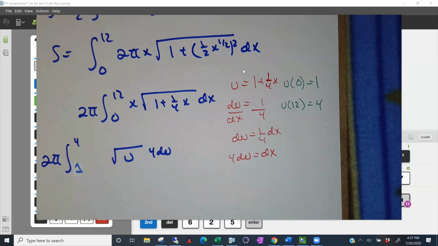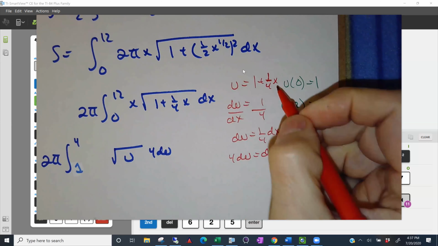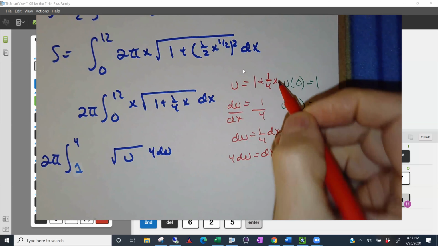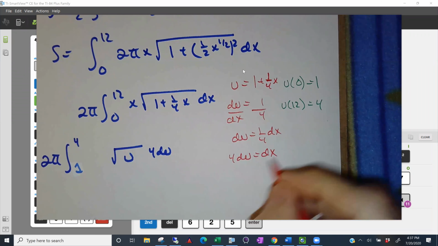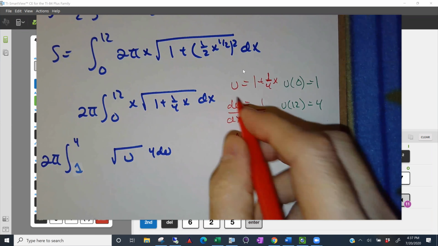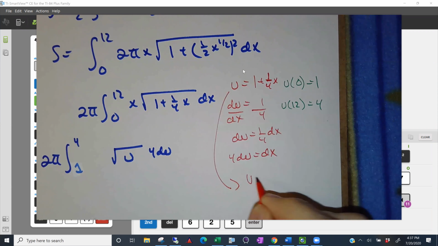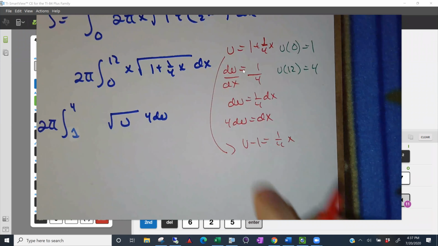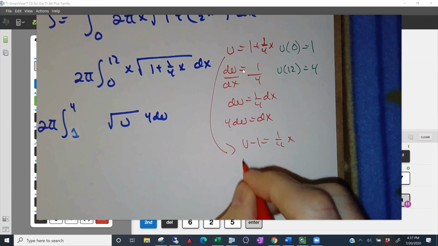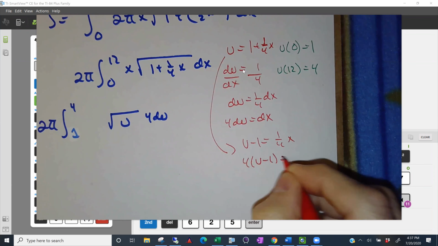Perfect. Absolutely perfect. Thank you. We can solve here for x. If I move the 1 to the other side, I get u minus 1 equals 1/4 x.